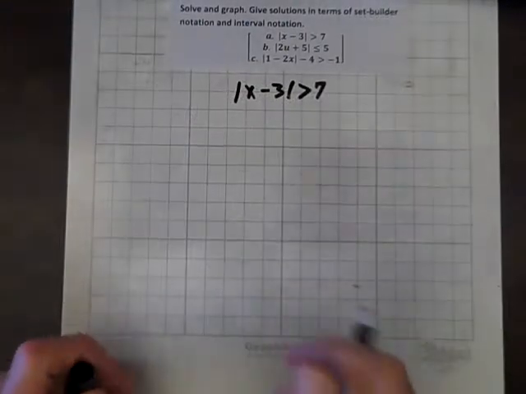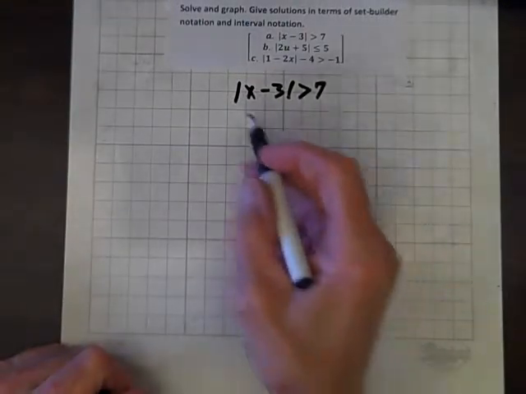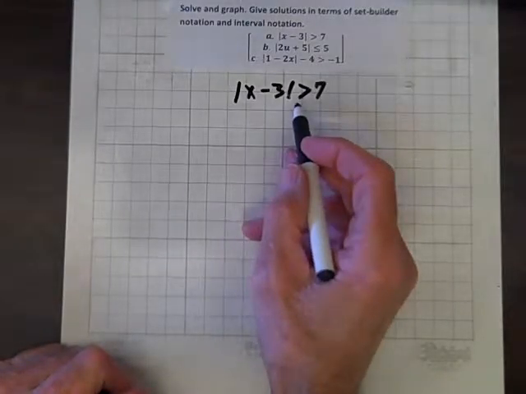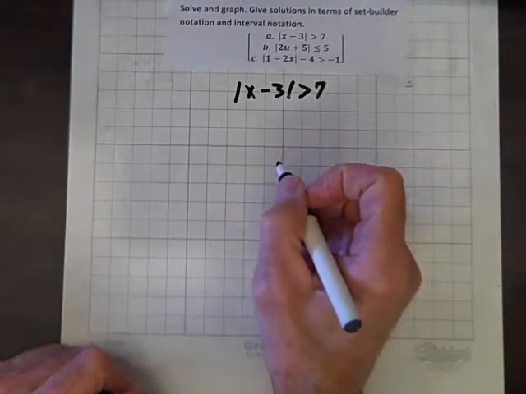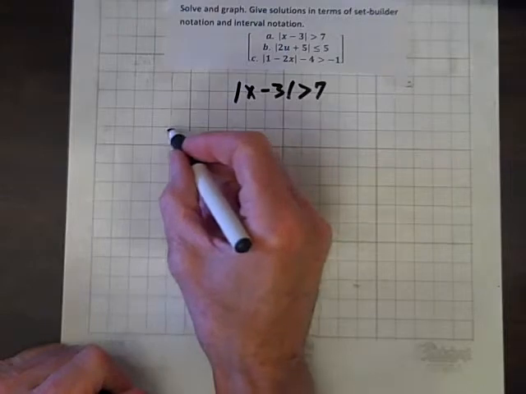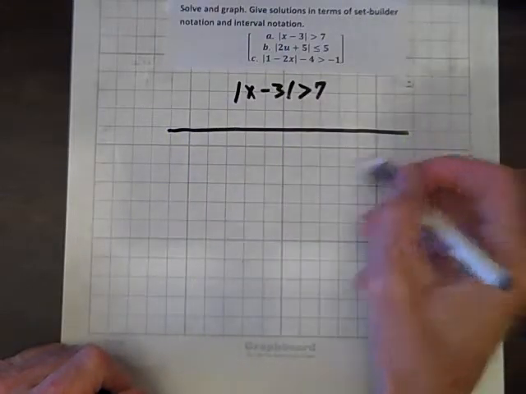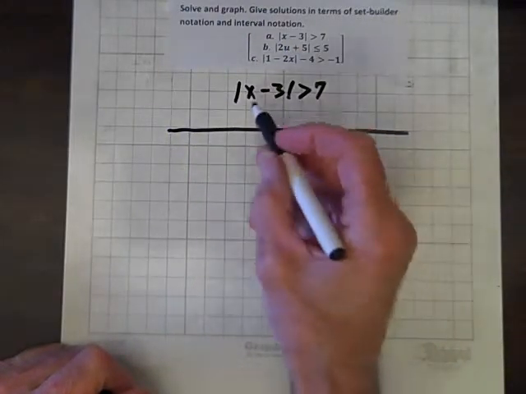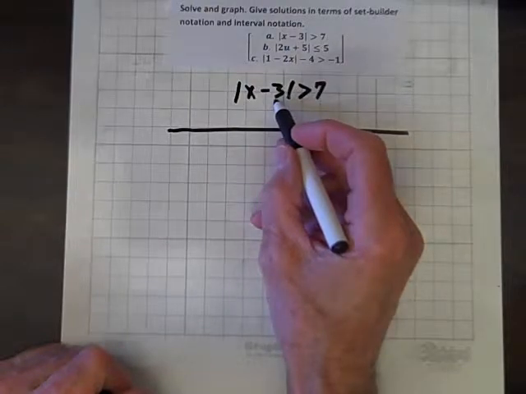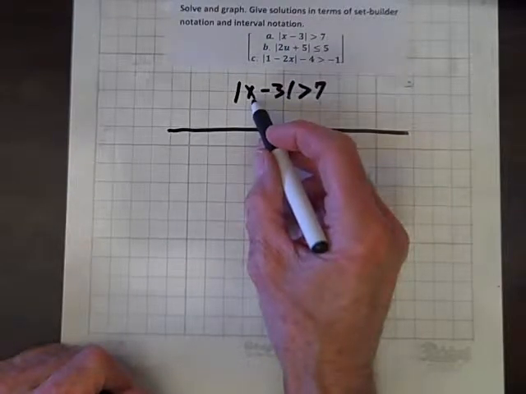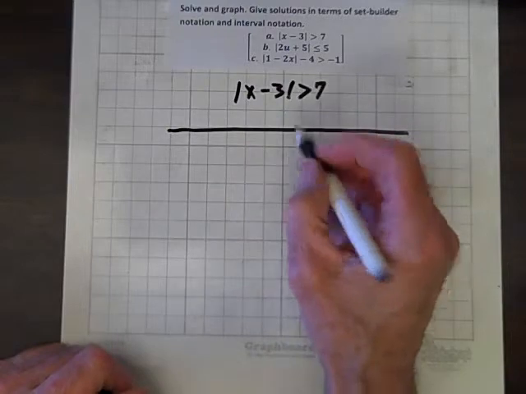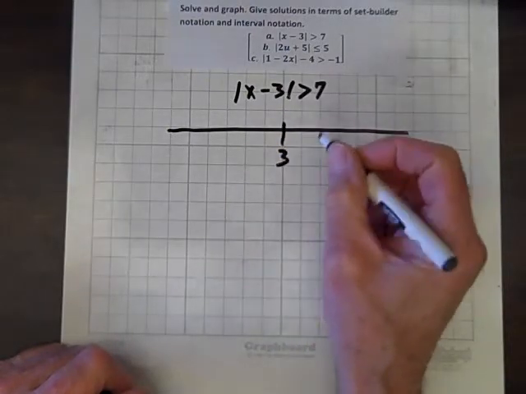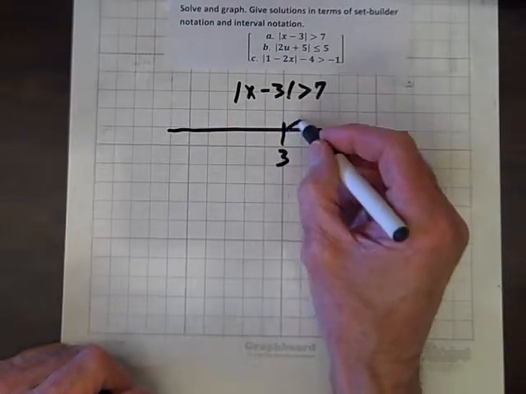So, we have the inequality absolute value of x minus 3 is greater than 7. So we'll graph. And now, what value of x takes us to 0? Well, the opposite of negative 3 is 3. And what's our distance? Well, it's 7.